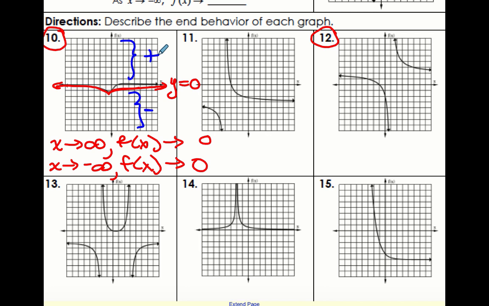So when we're talking about approaching 0, we have to say which side we're on. On the positive infinity side, I'm approaching from below y equals 0, so that means it's the negative side. And it's the same side as we go towards negative infinity, so we would say that one. And let's look at how that's a little bit different on number 12.